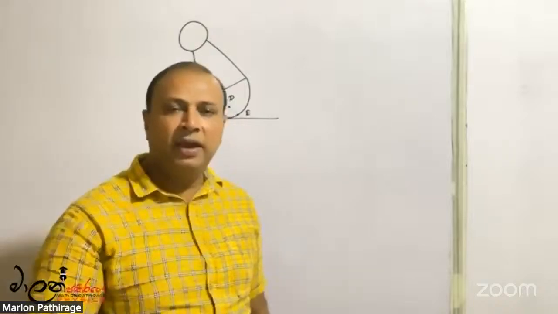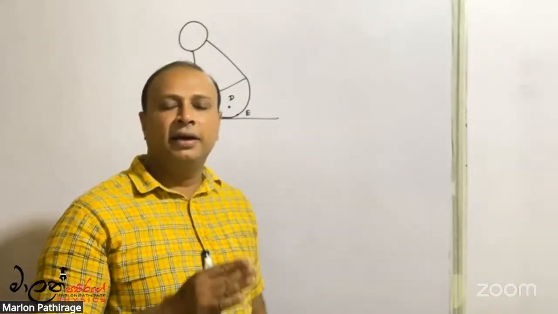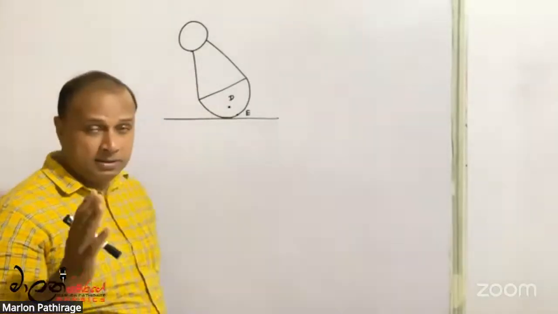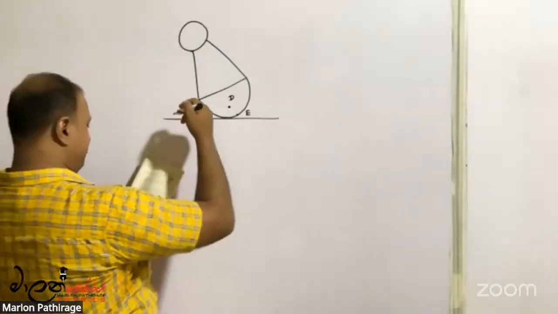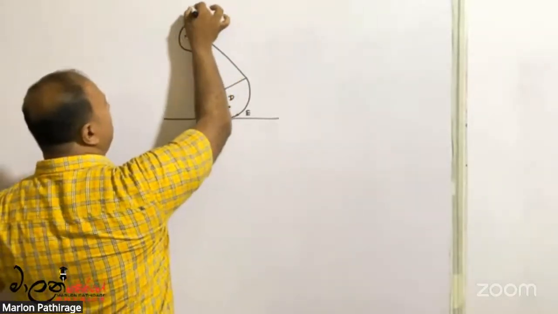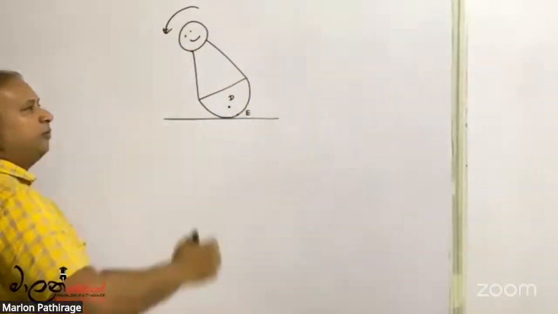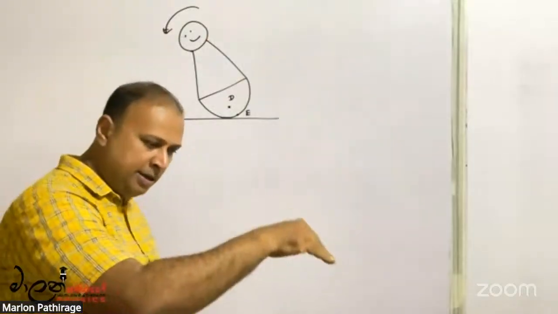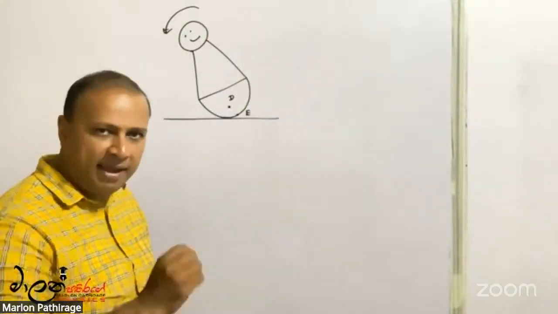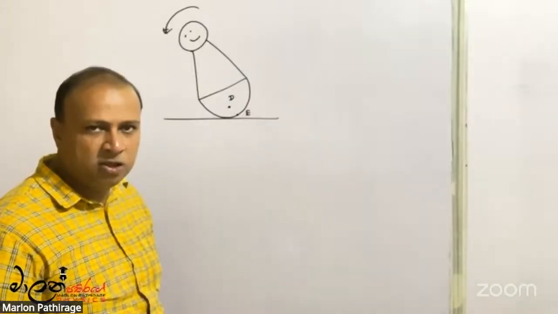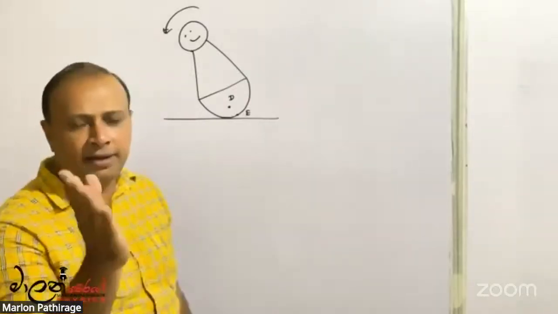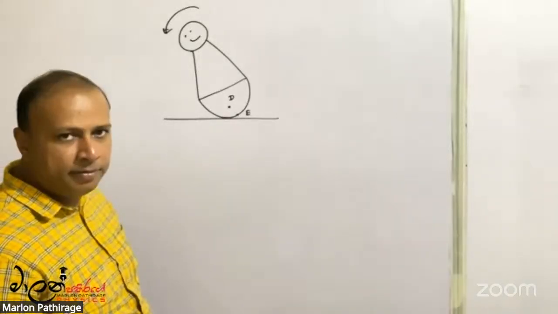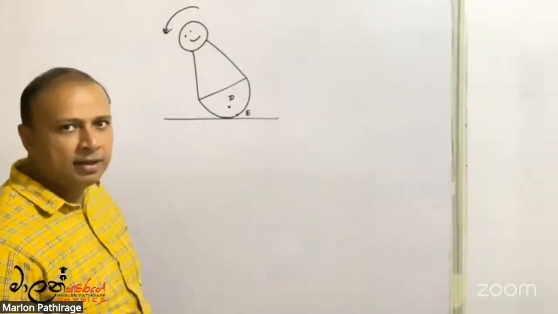This toy is always in a vertical position. That means if you give a displacement to this side and then release that displacement, what will happen? This toy comes back to the original position. That means this toy will always be in the vertical position.